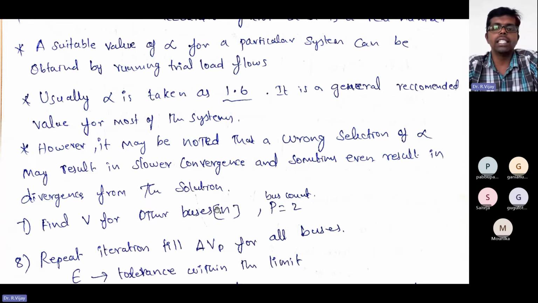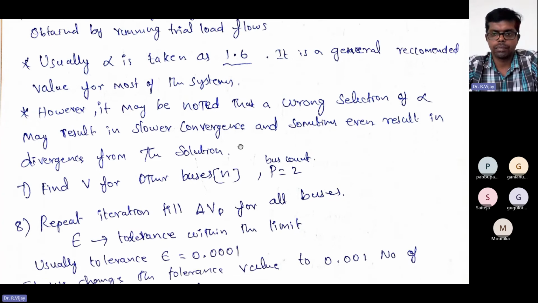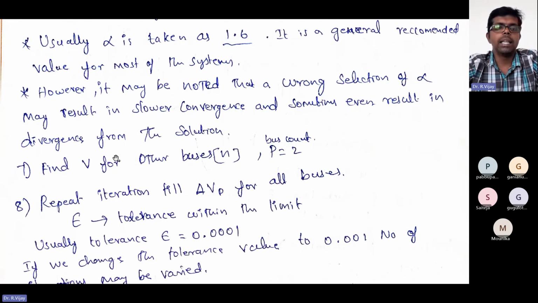Next step. What is step number 7? Step number 7: find the voltage for all other buses, by taking P equal to 2. The bus count we are incrementing, that is V_P^(k+1). For the second bus, the first bus is completed as of now.